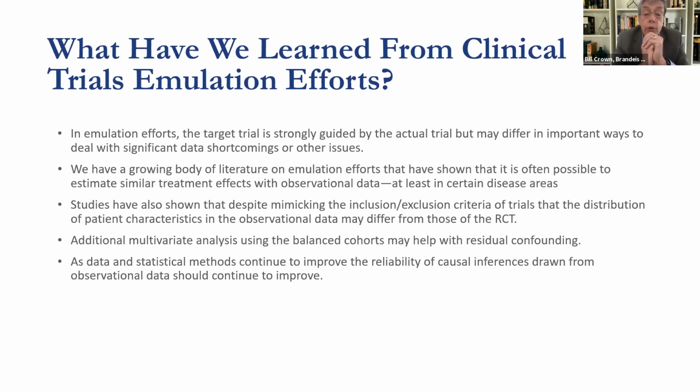But we do have this growing literature now on these emulation efforts that have shown that it's often possible to arrive at very similar treatment effect estimates with observational data. And as Sebastian was pointing out, we can probably learn the most from areas where things disagree.